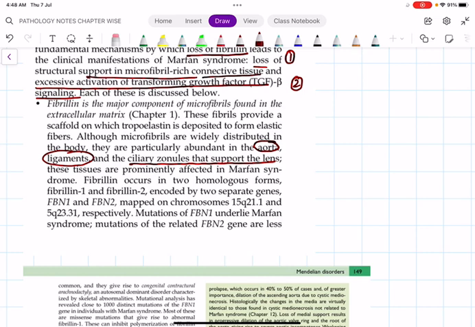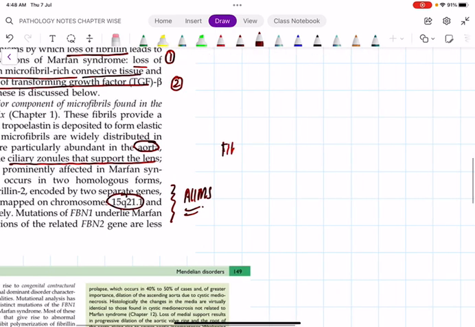Remember, we have two fibrillins. This is one of the most commonly asked questions. This question has already been asked in AIIMS: what is the chromosome number? Remember, fibrillin is encoded by two genes. One is fibrillin 1 and another one is fibrillin 2. Fibrillin 1 is on chromosome 15q.